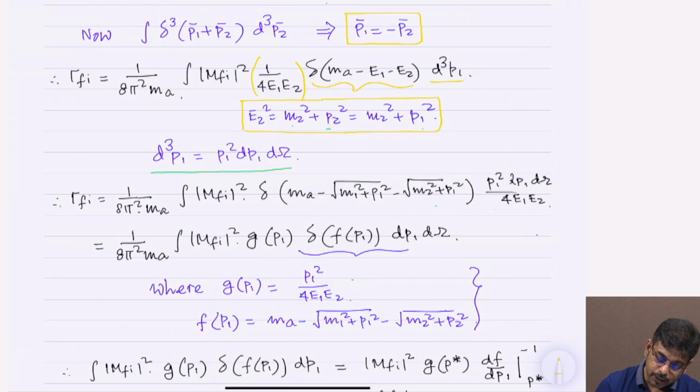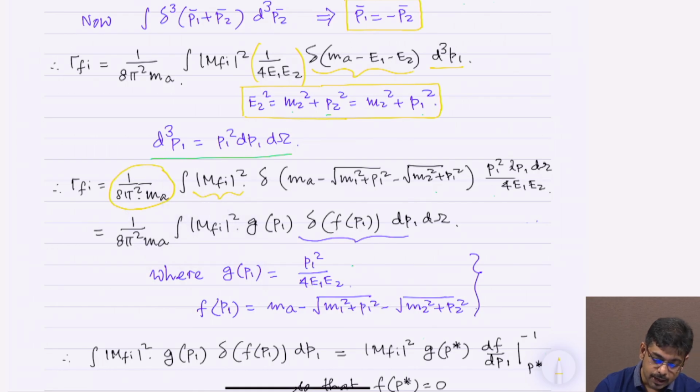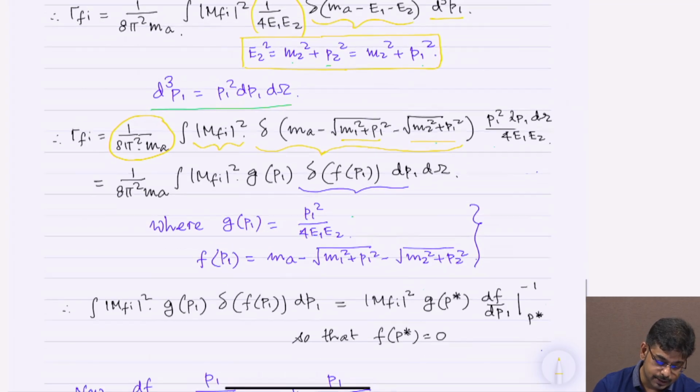And so, writing that, we get this expression: Γ_φ is equal to 1/(8π²) Ma times the integral of |M_a→φ|². This delta function is δ(Ma − E1 − E2), where E1 is the square root of m1² plus p1², E2 is the square root of m2² plus p2², and using p2 equal to minus p1 I can write m2² plus p1². And this measure d³p1 is p1² dp1 dΩ divided by 4E1E2, that factor is there.